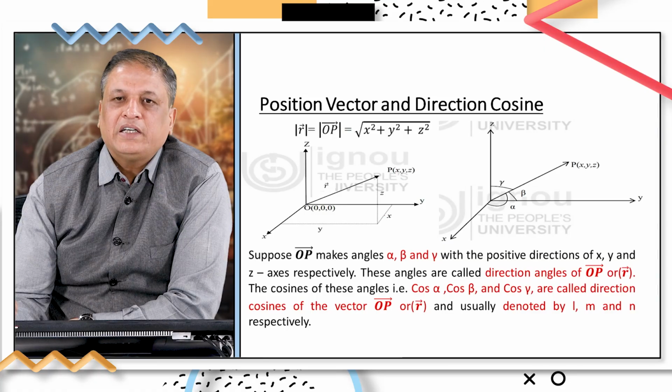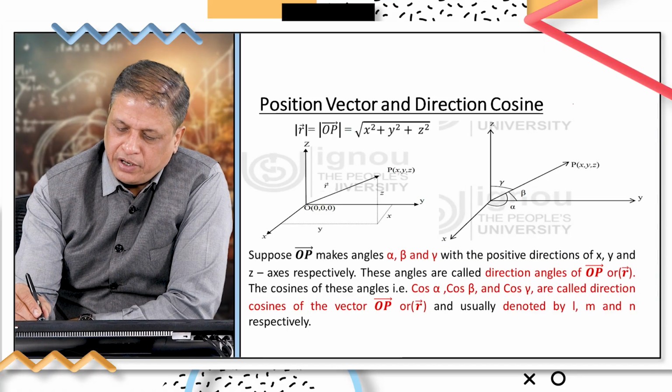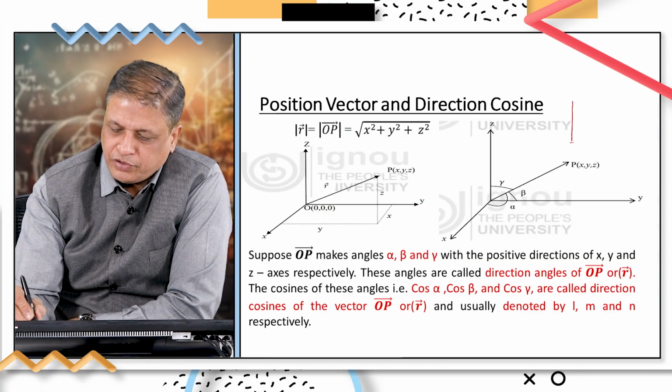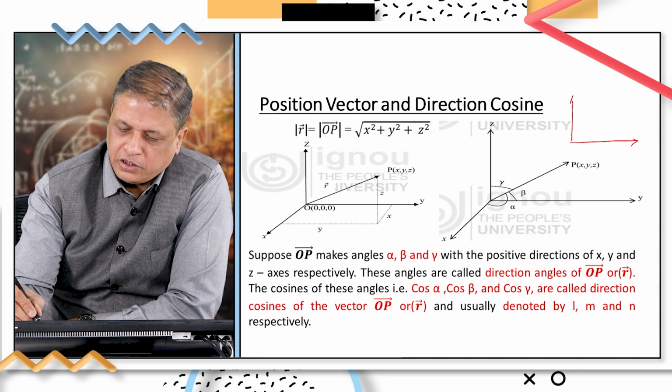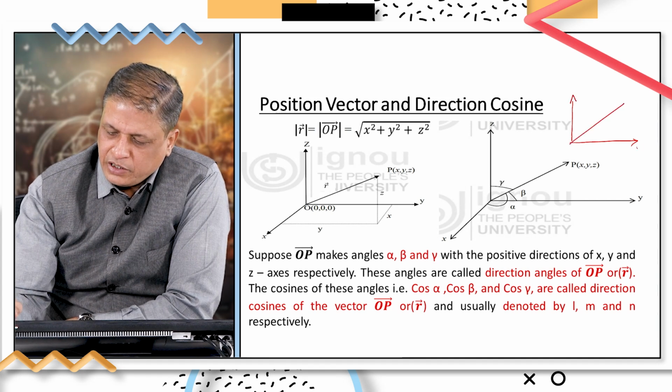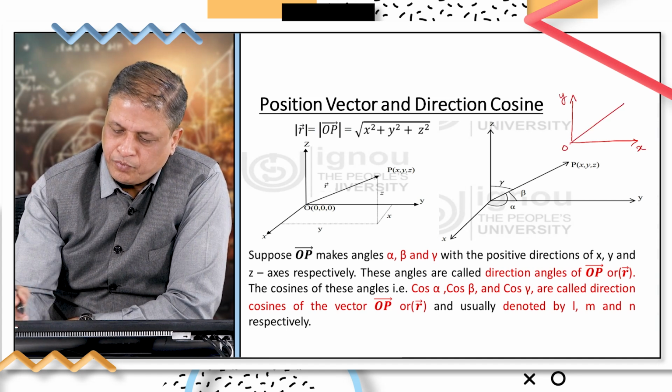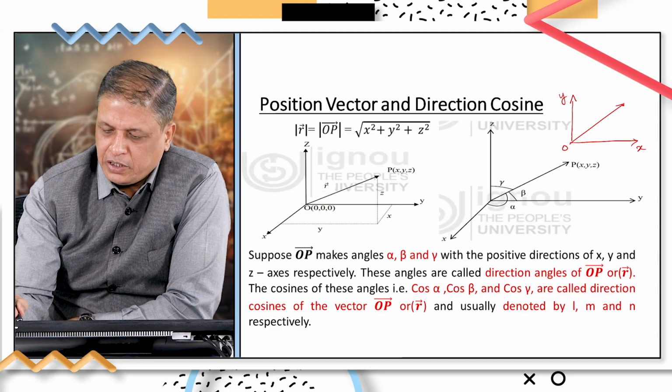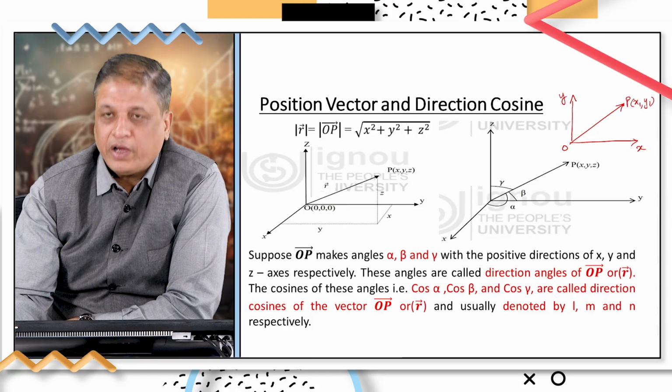Again, let us extend our discussion. For the sake of simplicity, let us start with a 2-dimensional system. Let x, y be the coordinates and say point P is there, which has the coordinates x1 and y1.